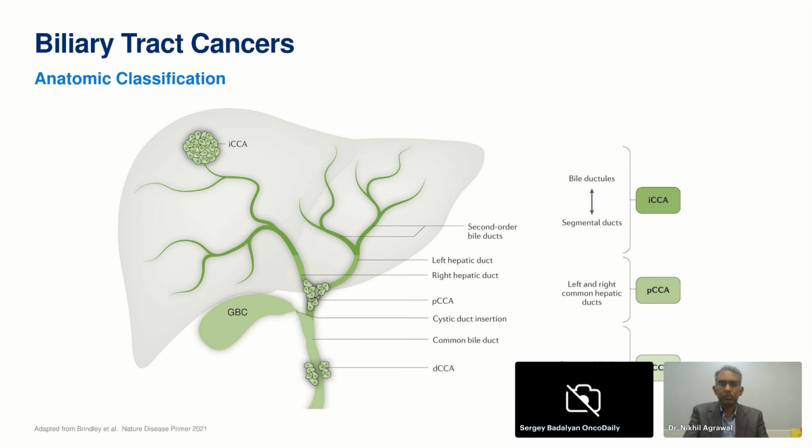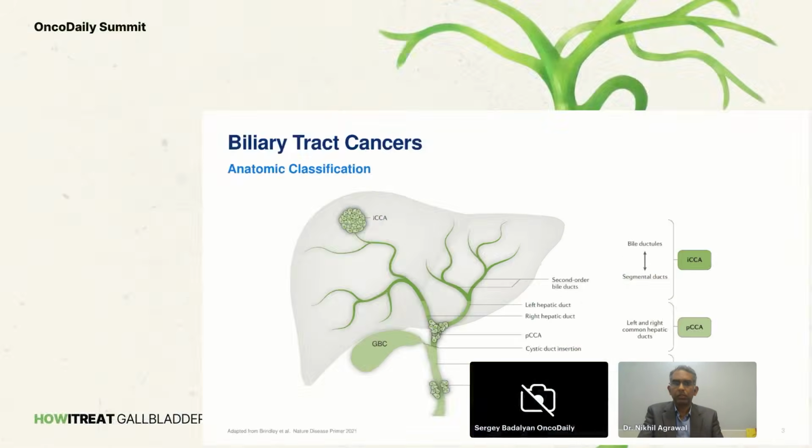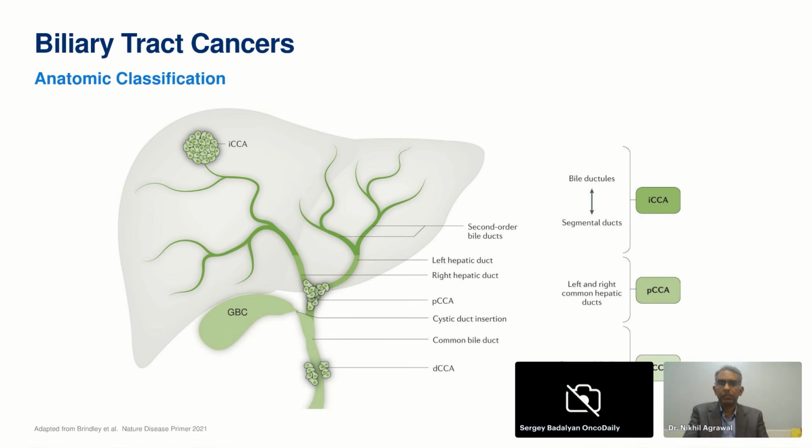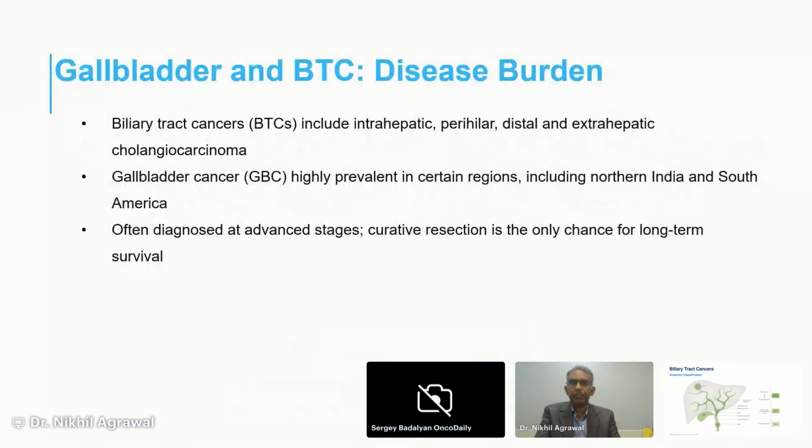I need the second page of mine, which is the gallbladder and BTC disease burden.